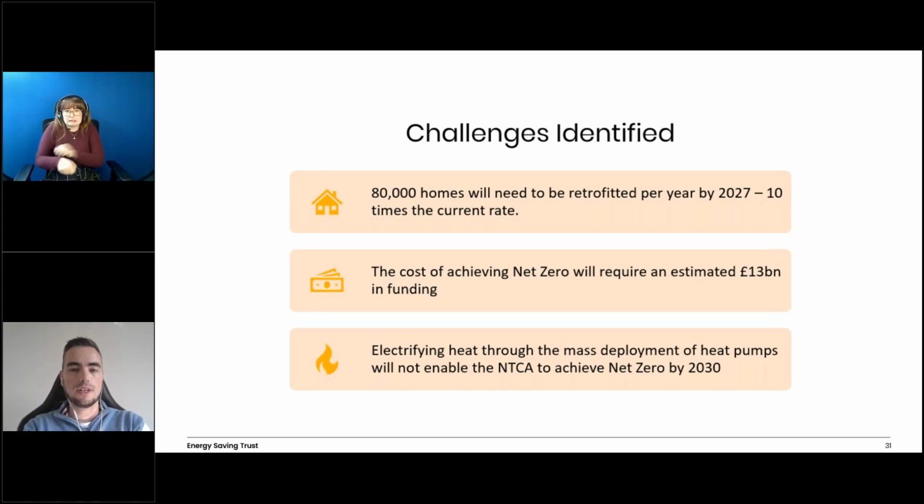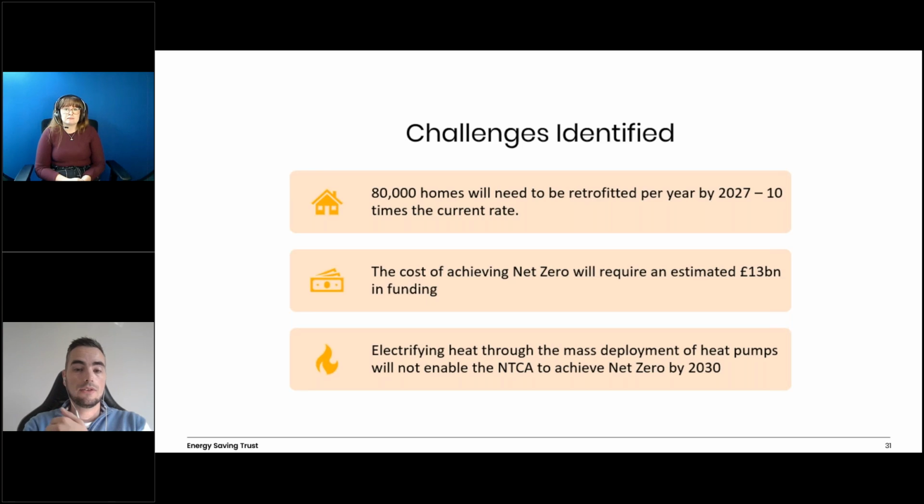The cost of achieving net zero was an estimated £13 billion of funding additional to that of BAU. Whilst these numbers are potentially fairly scary, that's the reality. By understanding that and knowing what the financial gap is, you can start thinking about innovative finance models, or working with delivery partners to help bring that down.